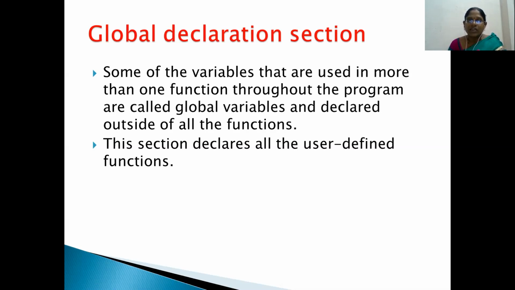That means if you are using some particular variables throughout the program, then you can declare them as global variables. And all the functions you are defining, excluding main, should be declared in the global declaration section.